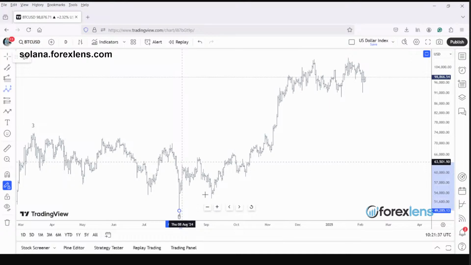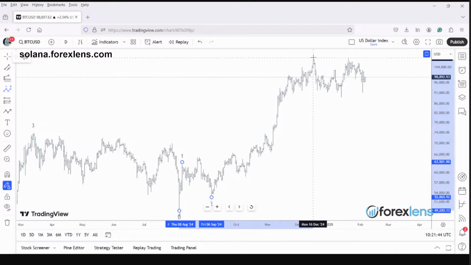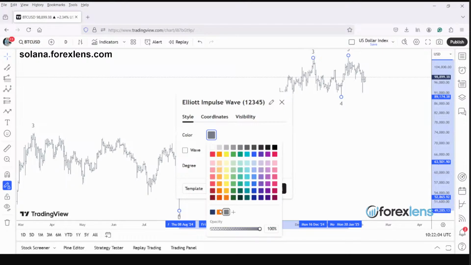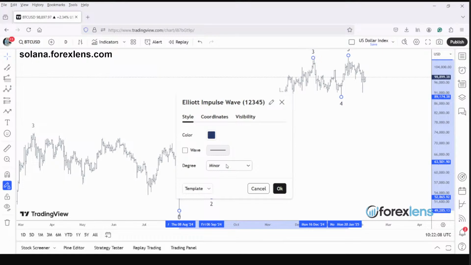You got first wave, then the second one, the third wave extension, wave 4, and slight wave 5. That's a minute degree.